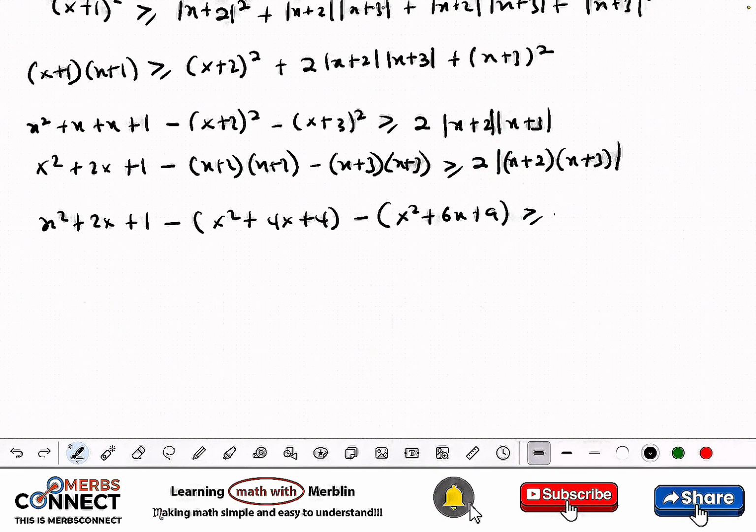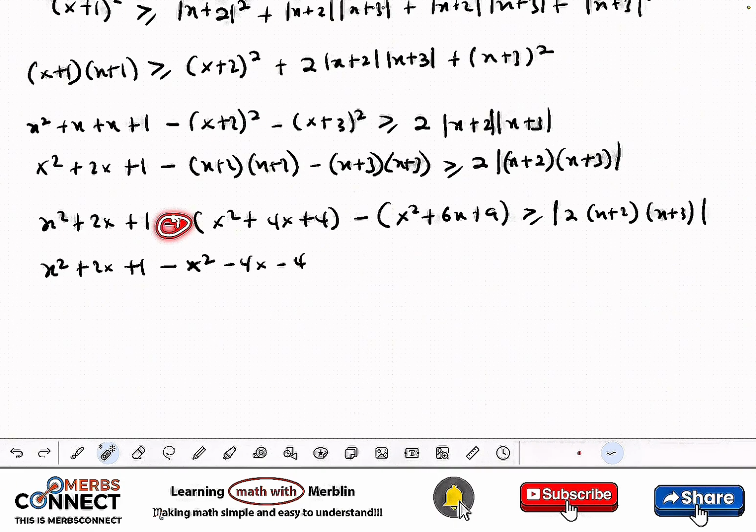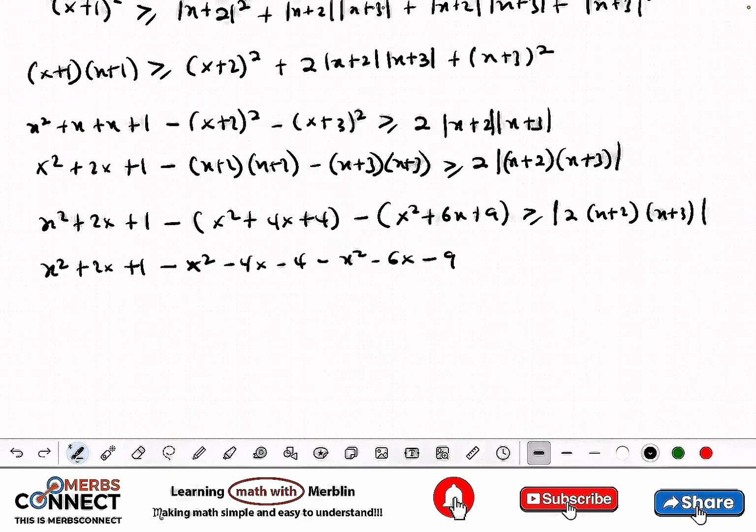So I'm going to have absolute of 2(x + 2)(x + 3). Good. Now let's continue. This is the same as x² + 2x + 1 minus x² minus 4x minus 4. So I'm distributing the minus through the bracket or the parentheses, then minus x² minus 6x minus 9 greater than or equal to.